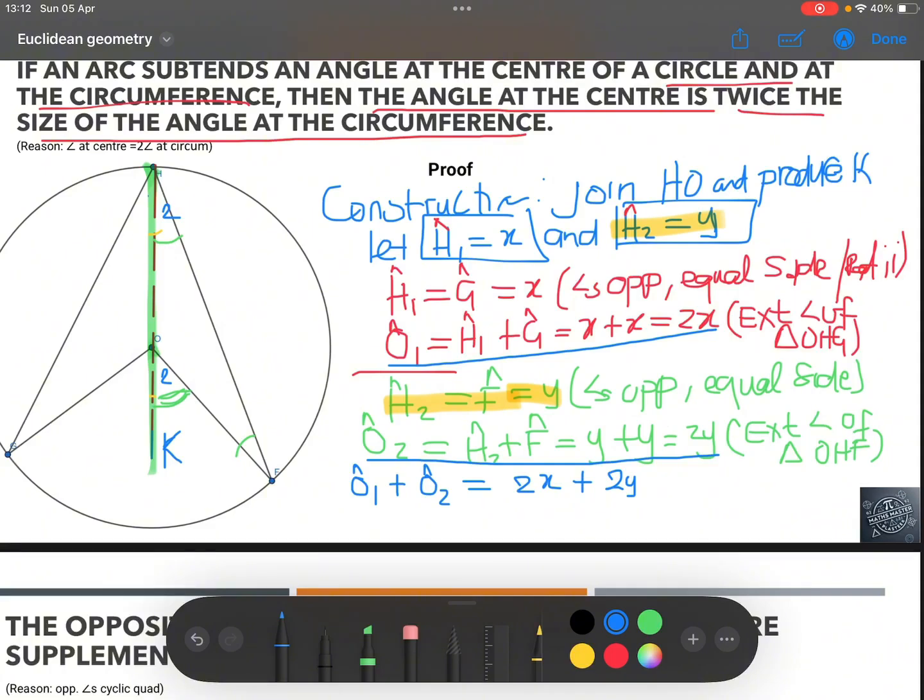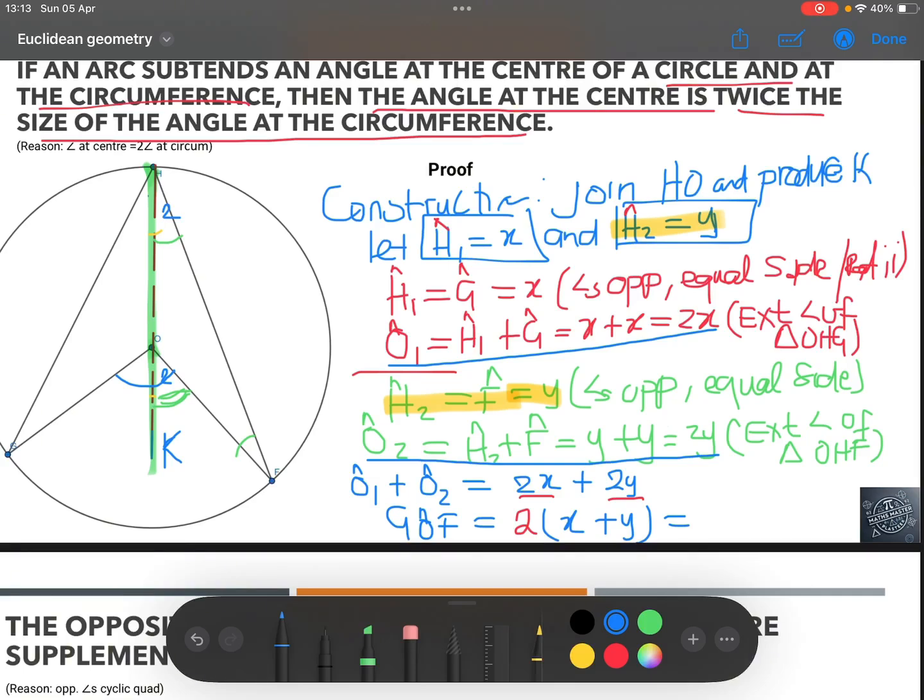Then angle O1 plus O2 is the whole of this angle, which gives us angle GOF. Then looking at this, we have 2 as our common factor. Then we're going to take out 2, and we're going to have x plus y. Now, what is our x plus y?